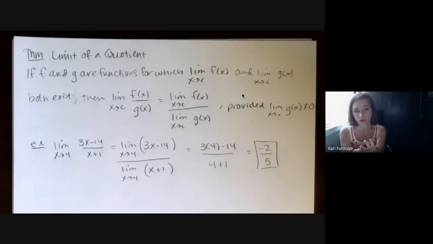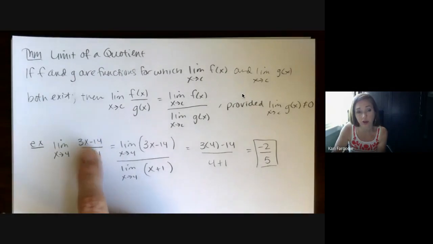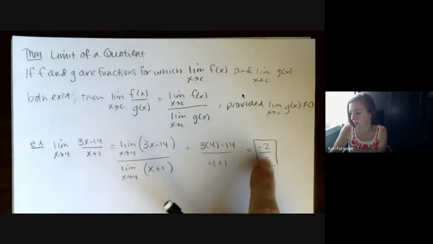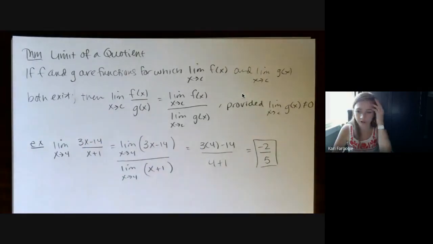If you ever weren't sure about your algebra, you can put this into your y equals and look at what happens to the values of the function as you approach 4, and verify that you end up approaching negative 0.4, negative 2/5, whatever your calculator gives you. So this is not some major departure from what we did yesterday. It's the same thing, just using a different method.